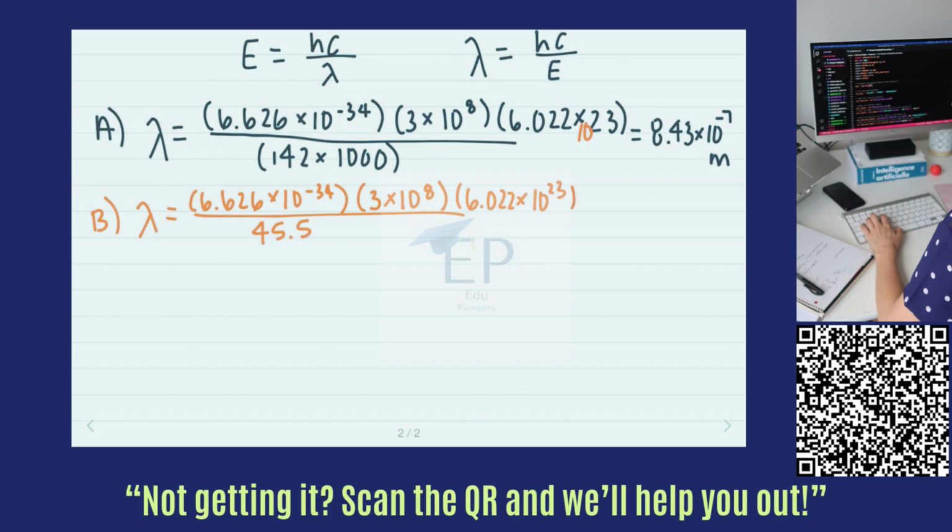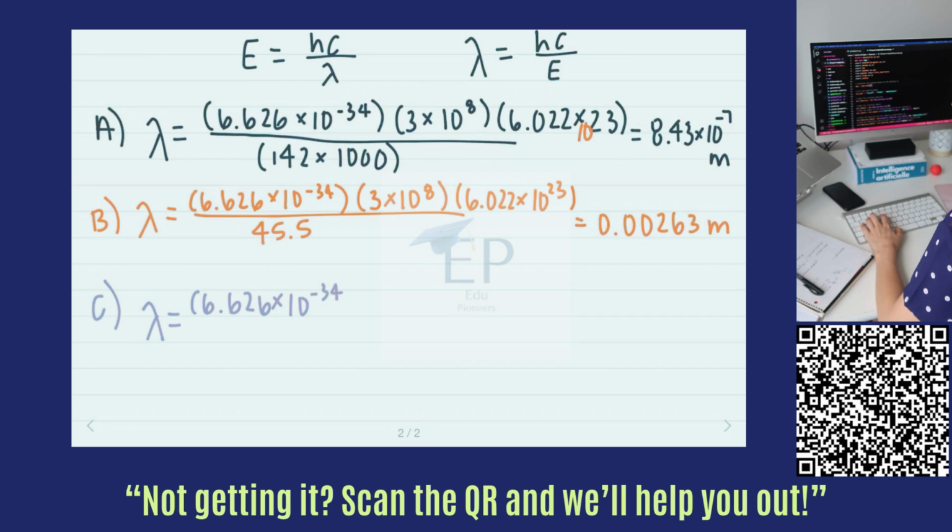Sorry, that was supposed to say 10 to the 23rd. And then when you multiply all of that out, we get an answer of 0.00263 meters.